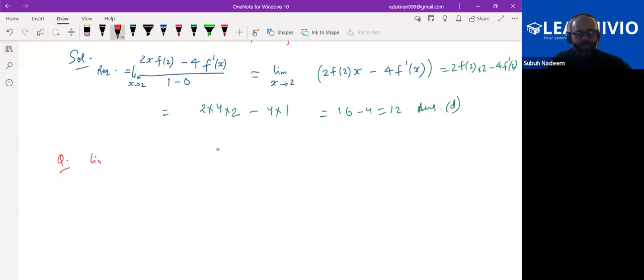So limit x approaching 0, sine squared (pi cos to the power 4 x) upon x to the power 4 is equal to, options are given pi squared, 2 pi squared, 4 pi squared, 4 pi.